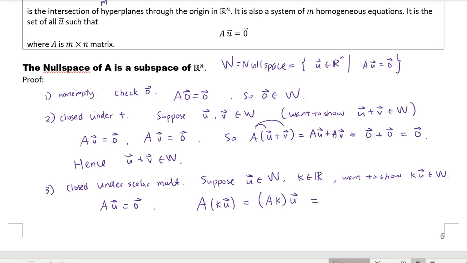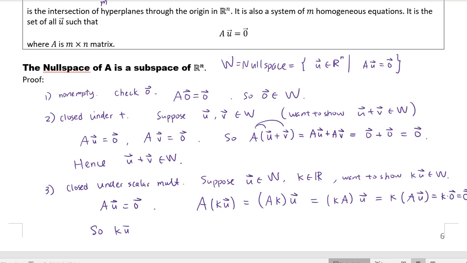And then we know multiplication of numbers is commutative, so it equals k times A. And multiplication of a matrix and a vector is associative, so then we can have Au. And what is Au? 0. k times the 0 vector is also the 0 vector.